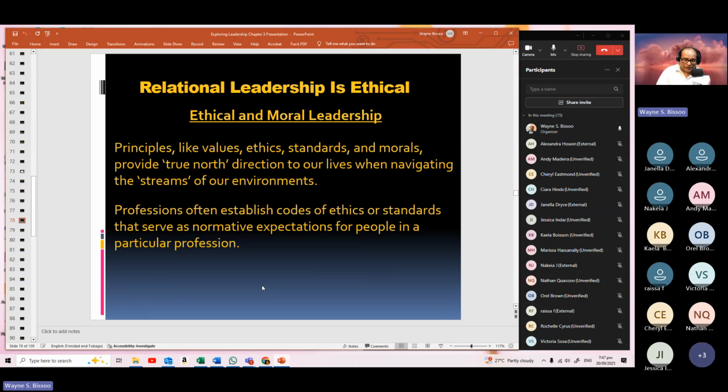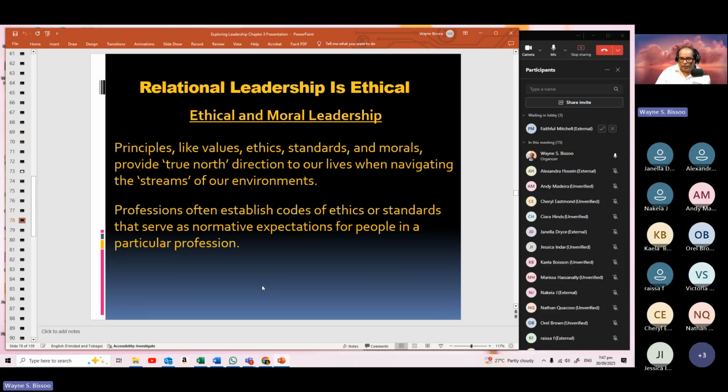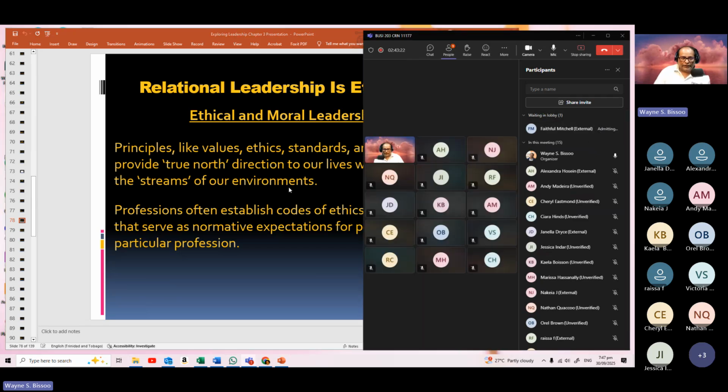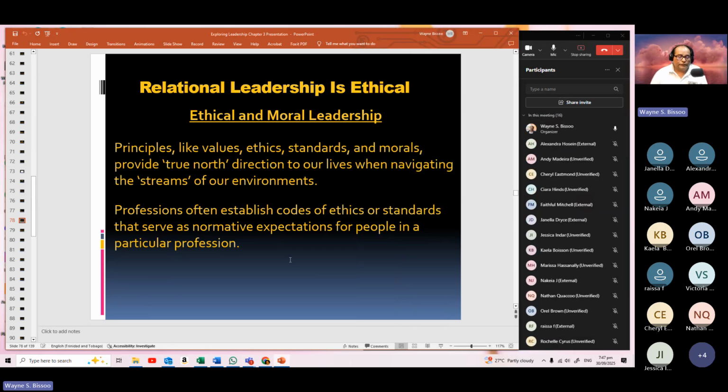You have the nursing oath. I think there are various oaths. There's the teaching oath, not the oath, but the teaching rules and standards. A lot of organizations and a lot of professionals have codes of conduct that they have to follow. In fact, some of you may be unaware, but there's actually a document called the Students Code of Conduct. Any of you all ever set eyes on that?